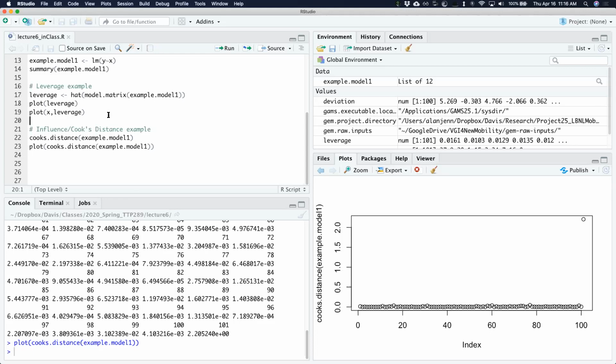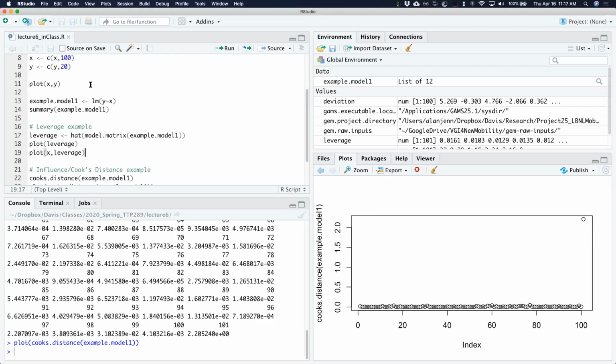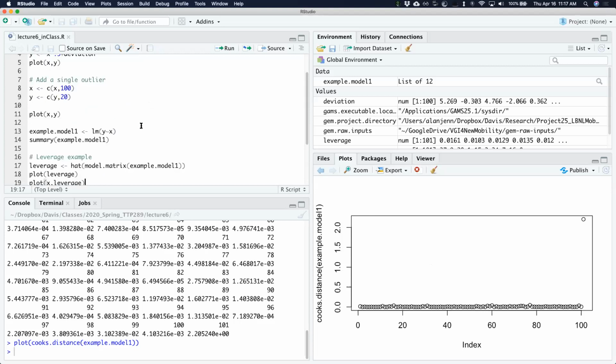Yeah, so there's a couple different ways you could do it. Actually, the most straightforward way is that if you identify the leverage point, it always lines up by the same index. So if it's the 50th point, you know that it's the same one in your data set. So you can always refer to that.